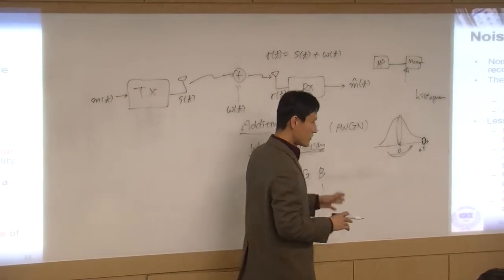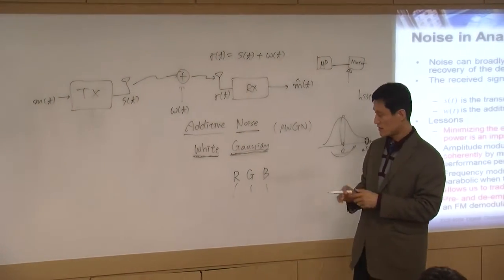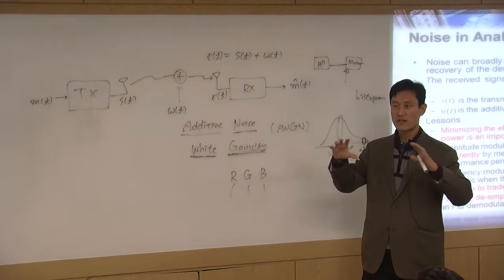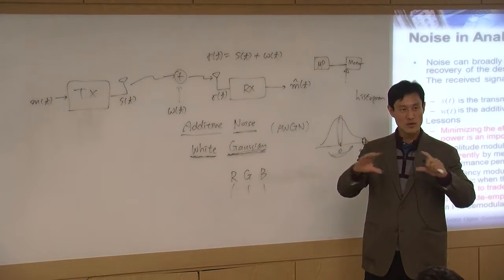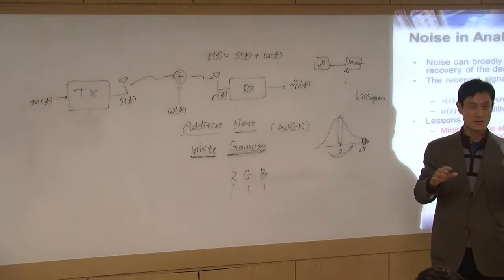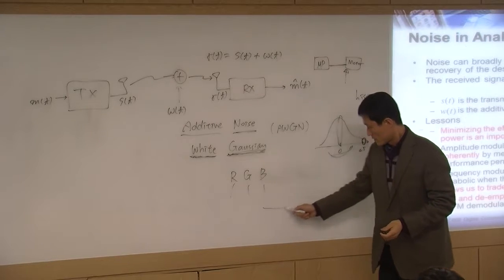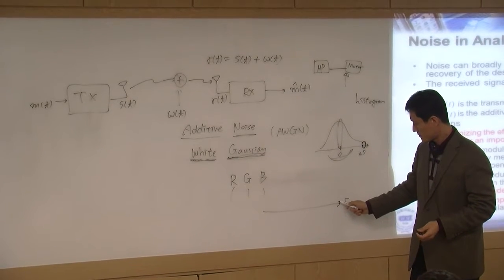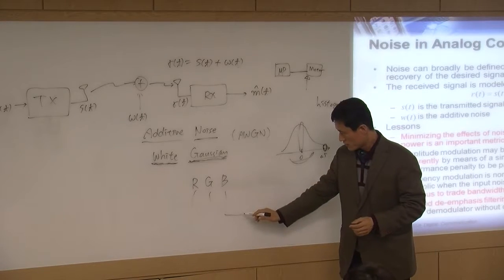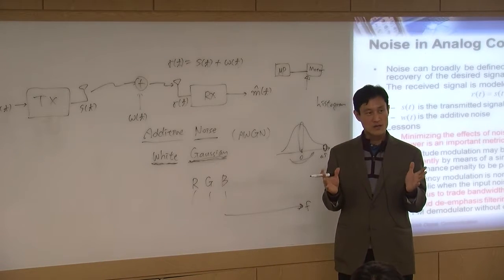So white color is a very special color in such a way that white color is a mixture of all different colors with the same amount of amplitude, the same amount of color, okay? In the frequency domain, you know the rainbow colors, right?